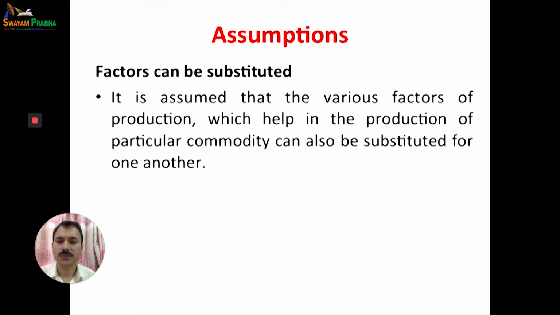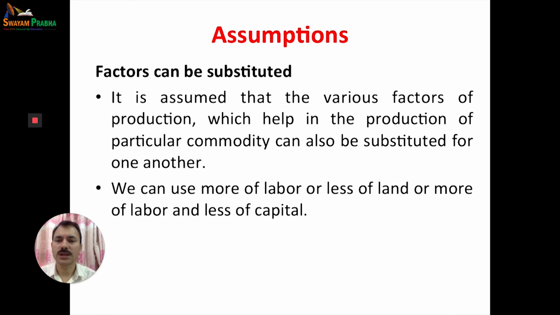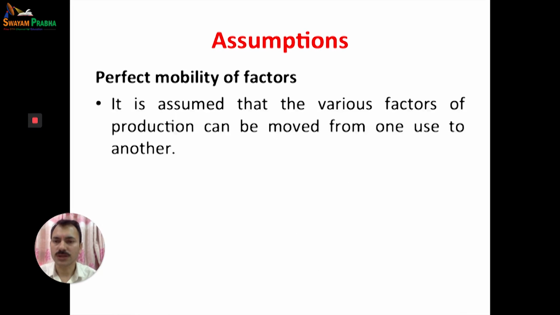The production will not be affected. We have to assume that they are perfectly substitutable. We can use more labor or less land, or more labor or less capital, and output may remain the same. These factors of production are perfectly substitutable.